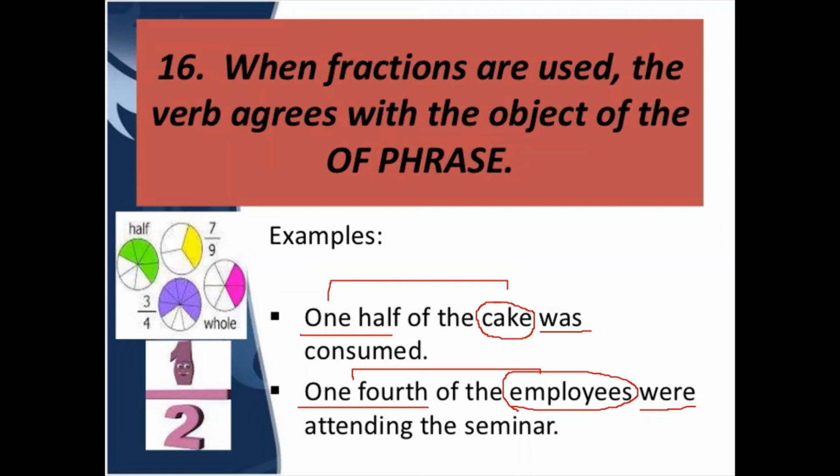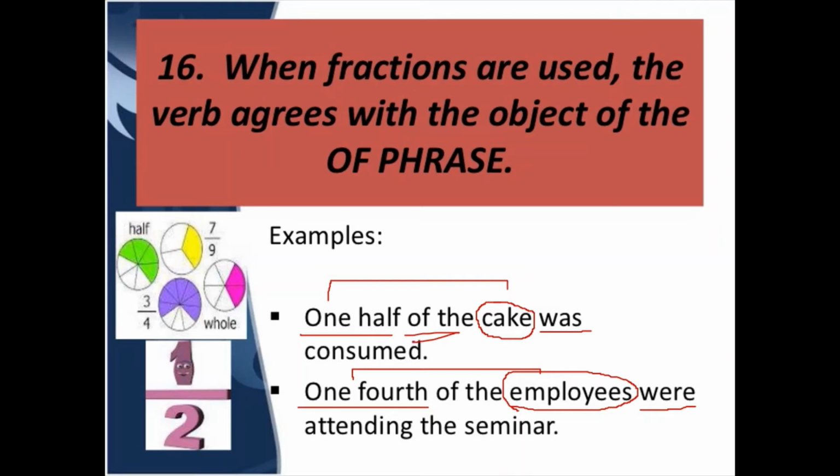So fractions are used in these two examples, one half and one fourth. It depends on the object of the "of" preposition here. In the first example, it is cake.